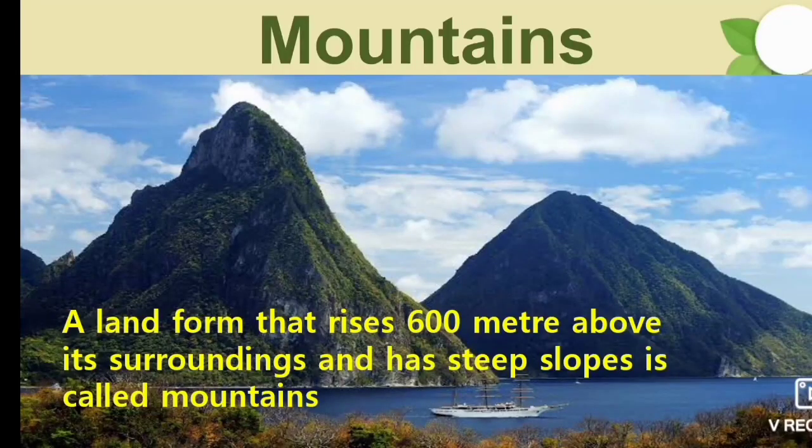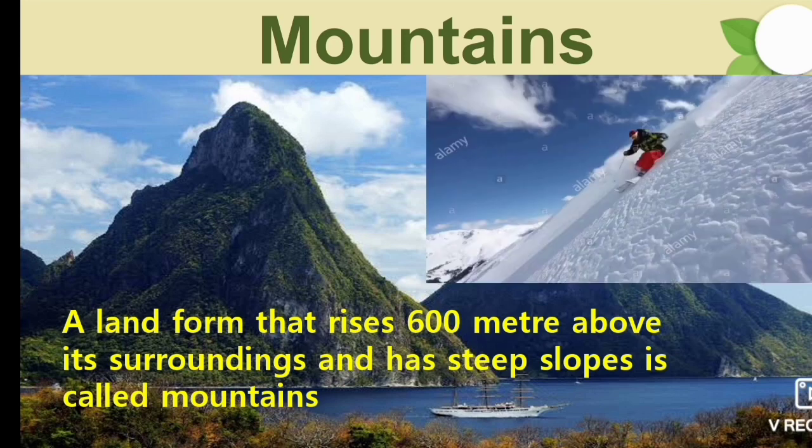A landform that rises 600 meters above its surroundings and has steep slopes is called a mountain. Slope is the inclination of the land surface. Once again I repeat, students, a landform that rises 600 meters above its surroundings and has steep slopes is called a mountain.